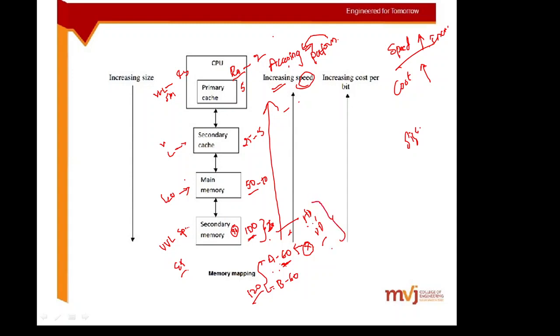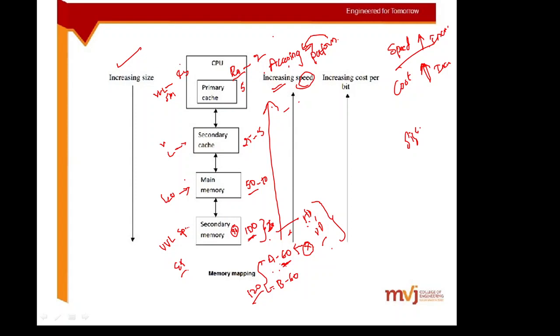We can easily buy the secondary storage devices, but registers and cache memory are very expensive. So that's the reason that when we are going up, the cost is going to be increasing. Cost is also increasing.